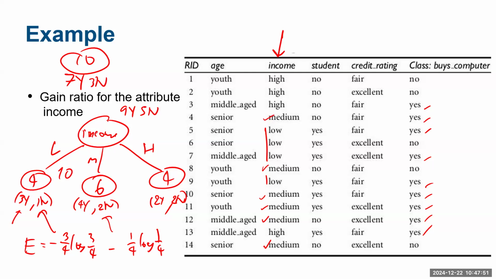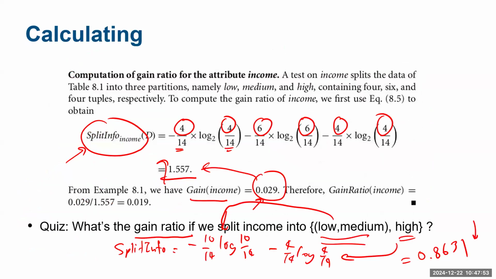So with this measurement, you can compare different types of split, and you pick the one with the higher gain ratio.